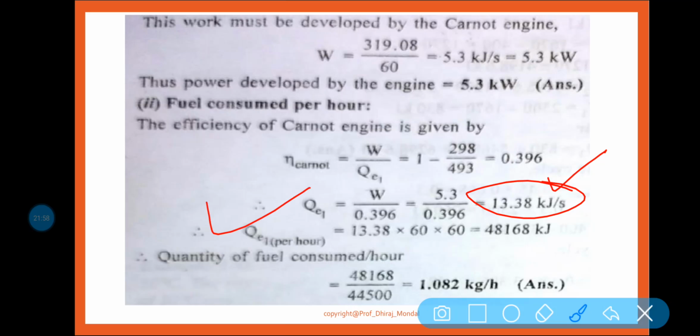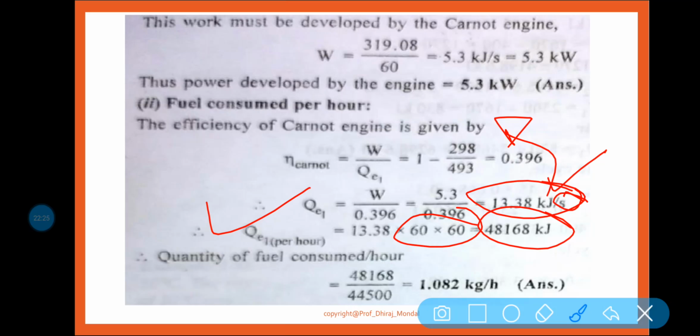So Q per hour, you have to calculate, multiply it by 3600 to get kilojoule per hour. Okay, kilojoule per second to kilojoule per hour, if you want to convert it, then this is the answer. 48168 kilojoule per hour heat has to be extracted.